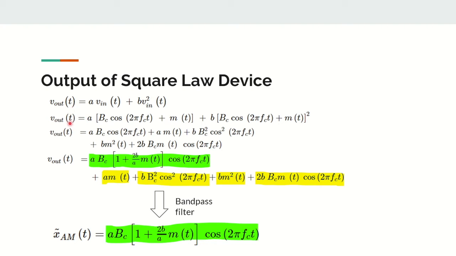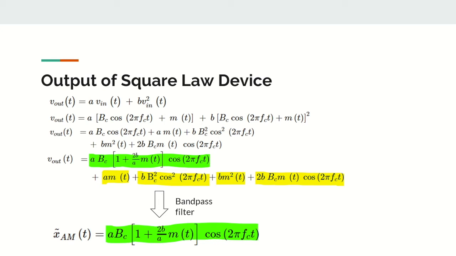So the output of our square law device is going to be A V in plus B V in squared. This is just going to be a device that you design. Once we sub in our input, so Bc cos 2 pi fc t plus our message signal, here and here, we're going to get this big mess of terms.